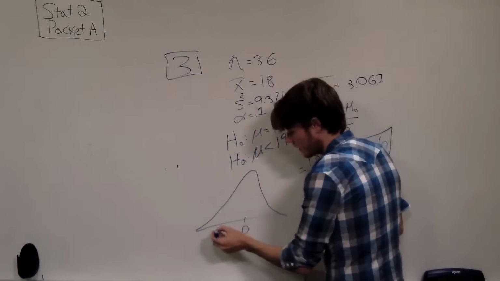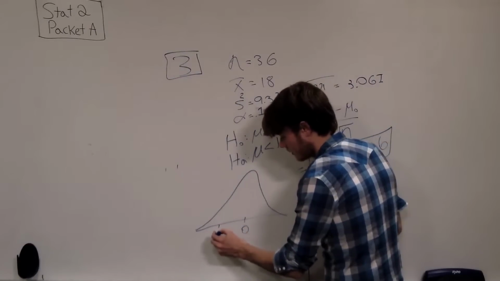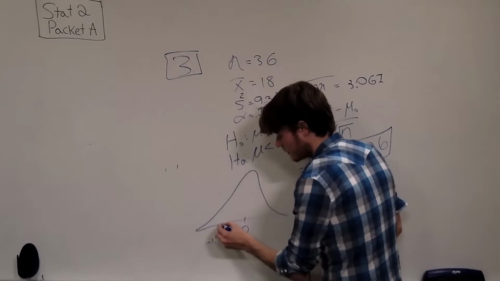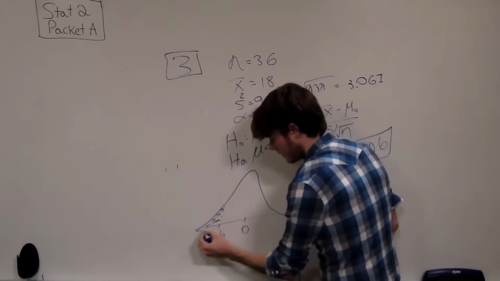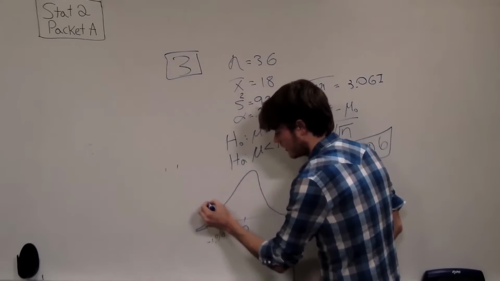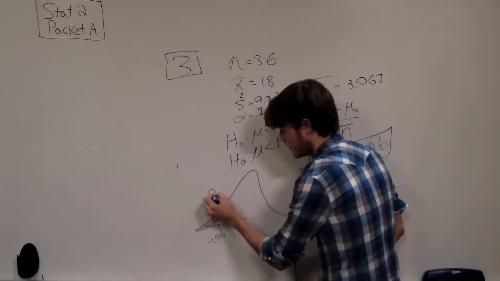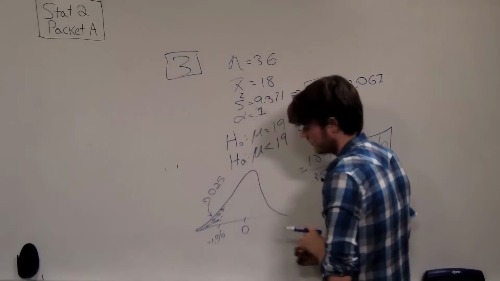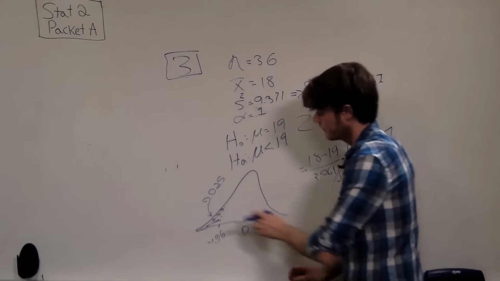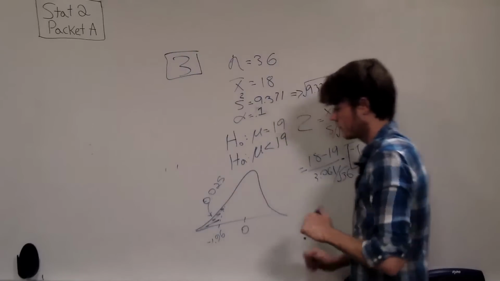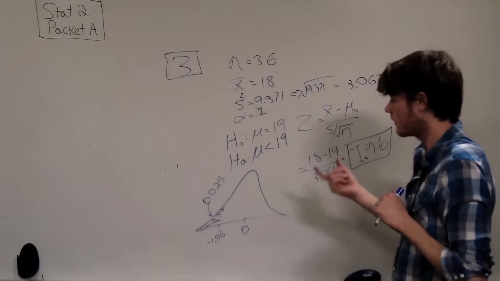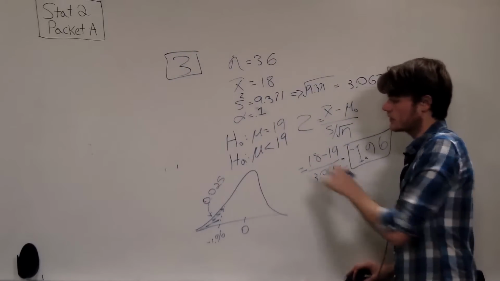So we take negative 1.96 and look in our table. We find that this is 0.025. So this is our p-value, the thing that we want.